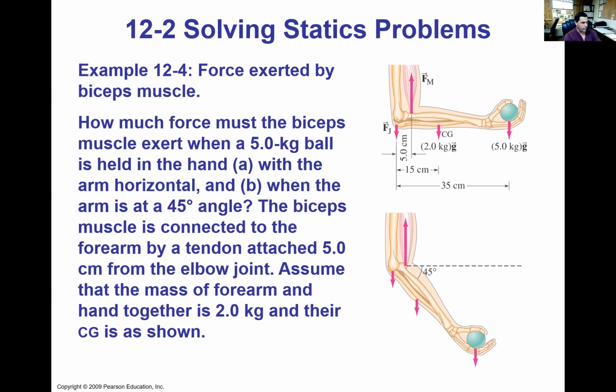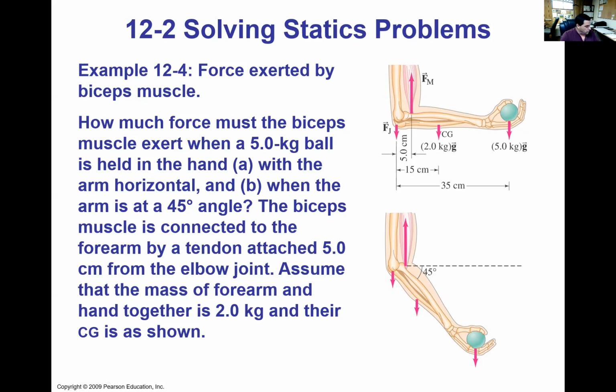Assume that the mass of the forearm and the hand together are 2 kilograms and their center of gravity is shown. So they gave us the center of gravity being 15 centimeters over. They gave us that this bicep force, the force muscle, is 5 centimeters over from this joint. And they gave us that this 5 kilogram ball is 35 centimeters out.